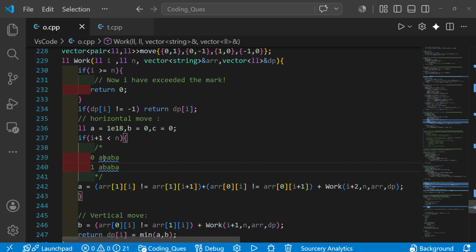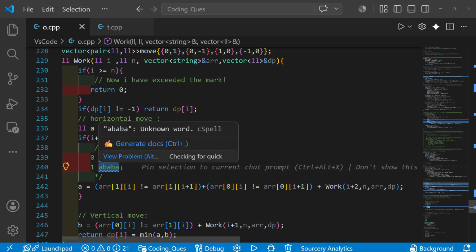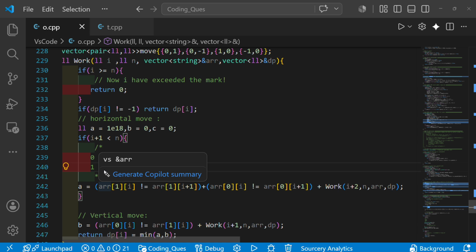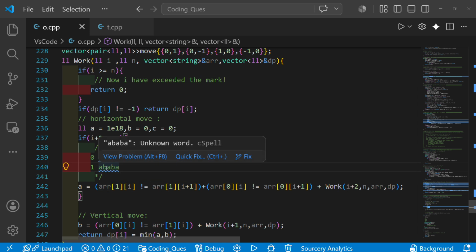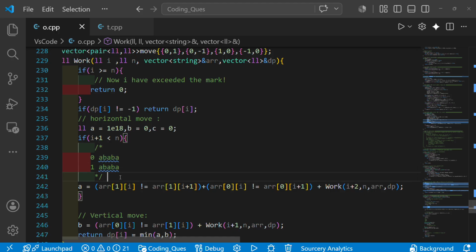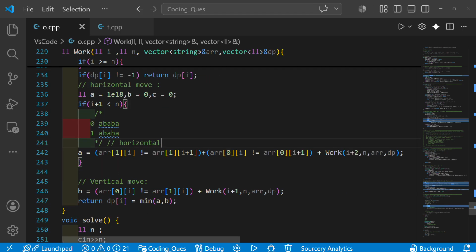So what I am checking here is arr of one of i, meaning I'm in the first row, and I'm checking on some ith index, and I'm comparing it with, for example, i plus one. Let's say this is i, then I'm checking with this. This is the horizontal move, and this is the vertical move. Horizontal move. I hope it's clear.